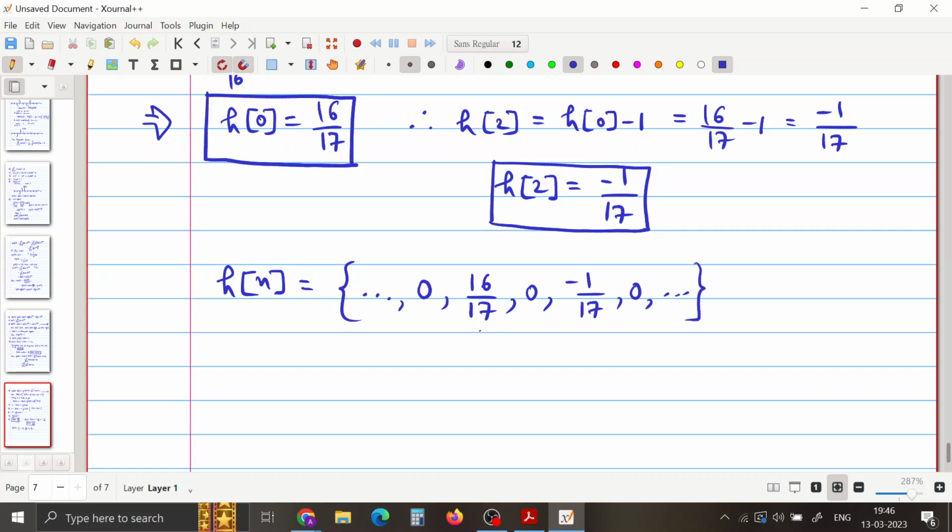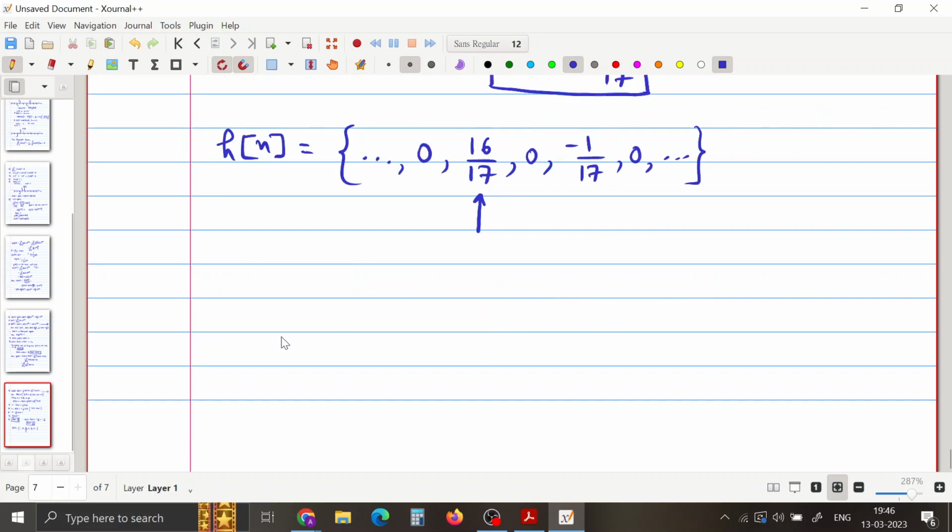This is our origin, n equals 0. So you're familiar with this notation, Venkat? Yeah, sir, I know. Great. So how can we write this in terms of the delta function?